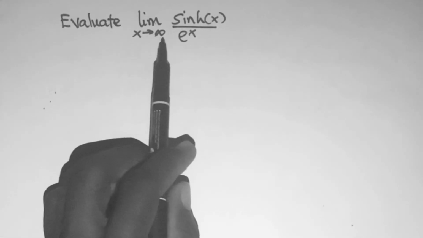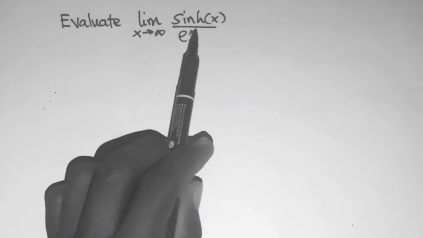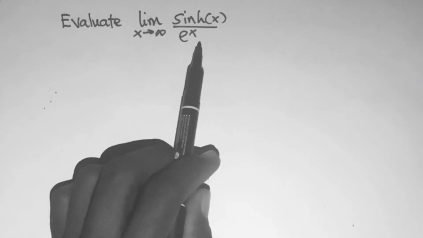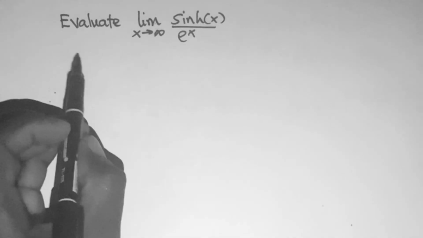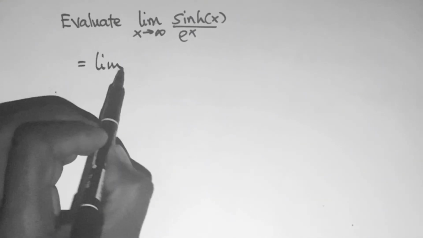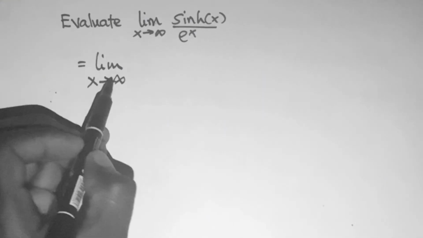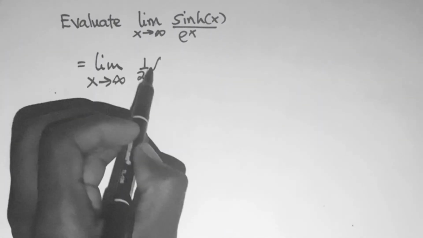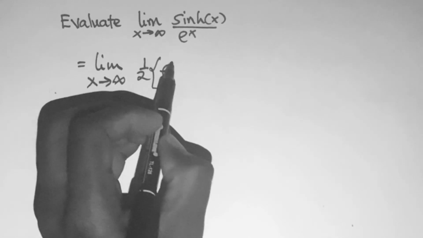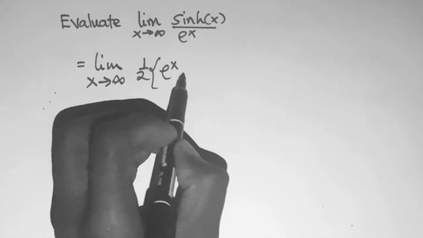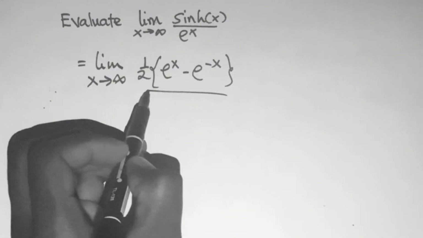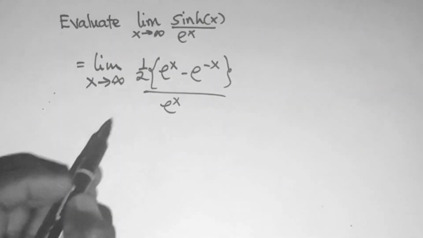Evaluate the limit as x approaches infinity of sinh x divided by e to the x. So this is equal to the limit as x approaches infinity. Sinh x is given as half of, in bracket, e to the x minus e to the minus x, divided by e to the x.